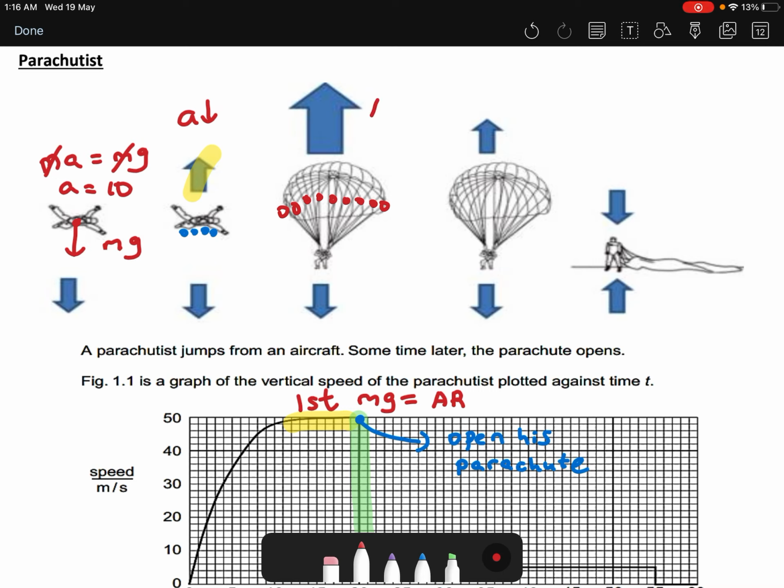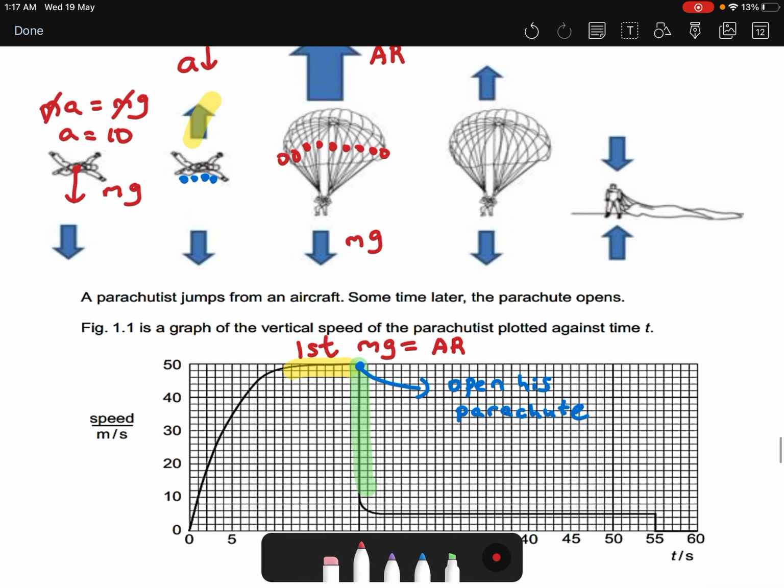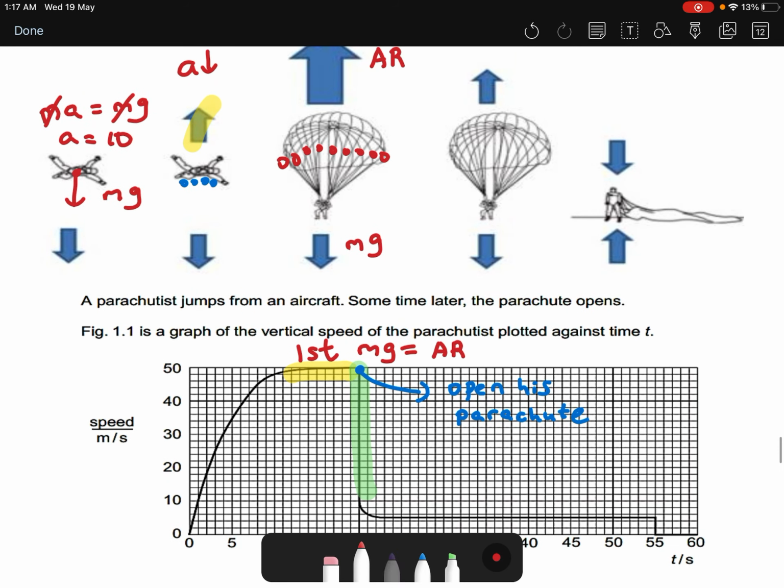So the air resistance now is bigger than the weight of the parachutist, and that's why you decelerate. You're moving downwards, but you decelerate. That means your resultant force is upwards, so your acceleration is upwards.